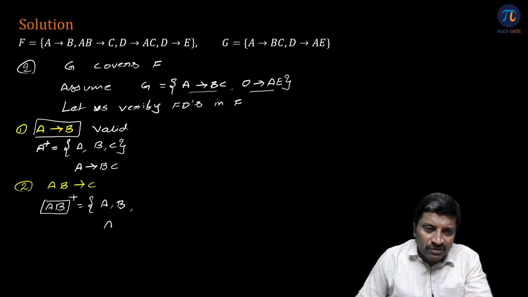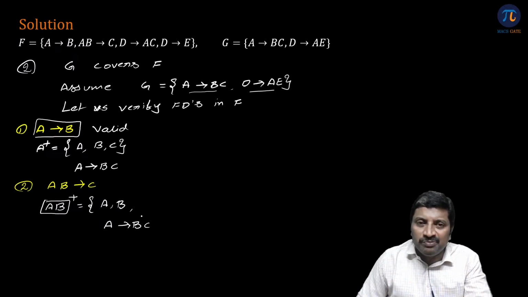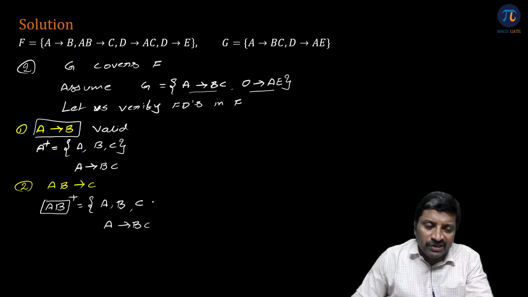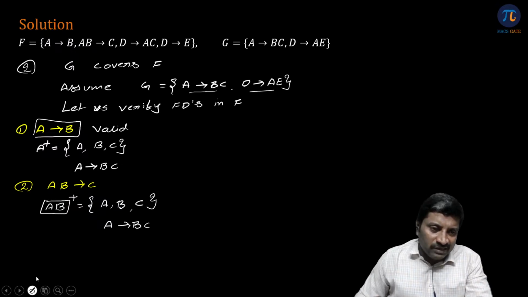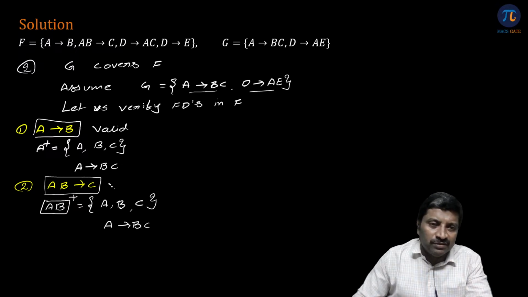Yes, of course. With A, we can get BC. That is the functional dependency in G. So we can get C. Anything else possible? No, sir. So with the help of AB, we can get the value of C. So this is also valid.